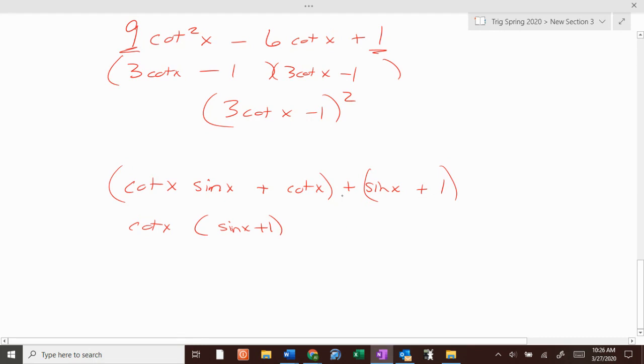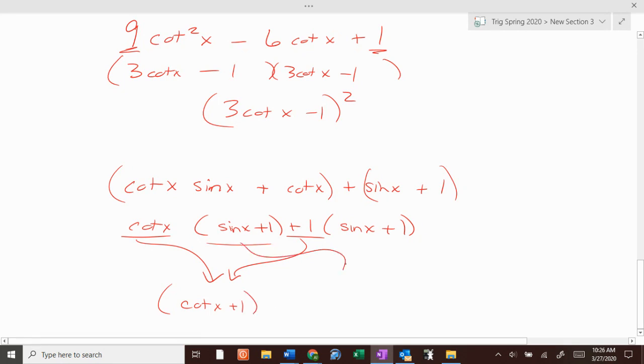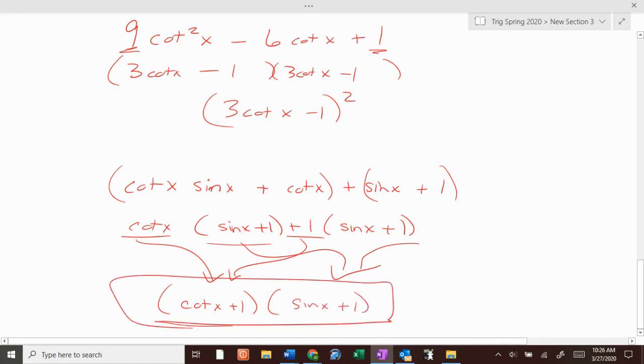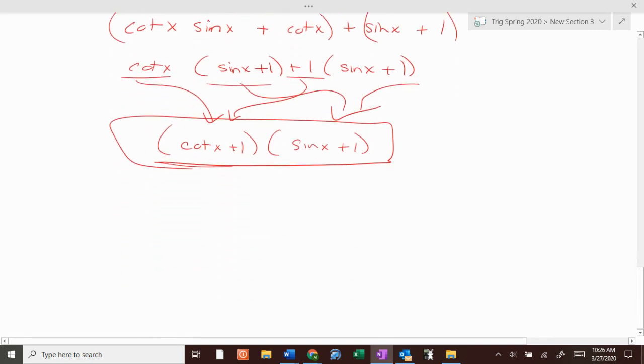Greatest common factor of the last 2 is 1, so we go plus 1, sine of x plus 1. So this and this and this go in its own set of parentheses, cotangent of x plus 1. Whatever matches goes in its set of parentheses, sine of x plus 1.